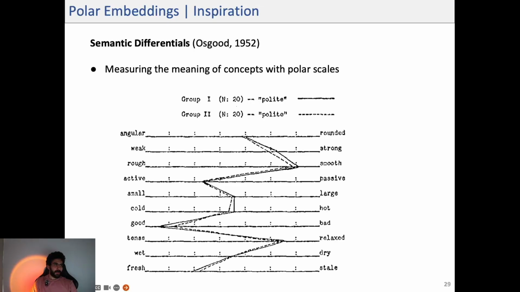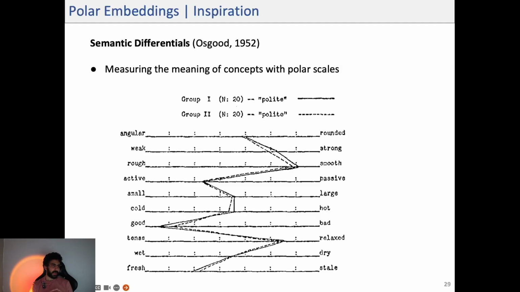Before we jump into the modern embeddings, let's do a fast rewind to 1952, to the work of Charles Osgood on semantic differentials. Osgood's idea was simple yet powerful. Let's measure the meaning of concepts by placing them along polar adjective scales, like good versus bad, active versus passive, and so on.